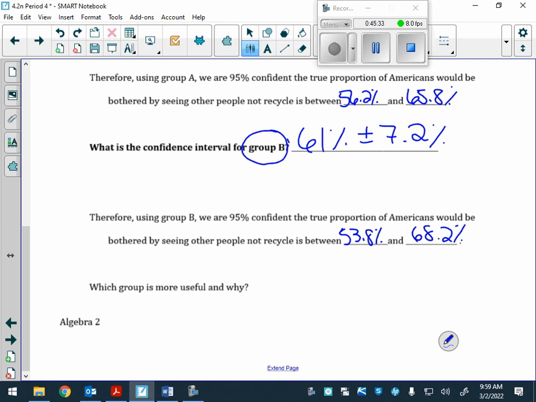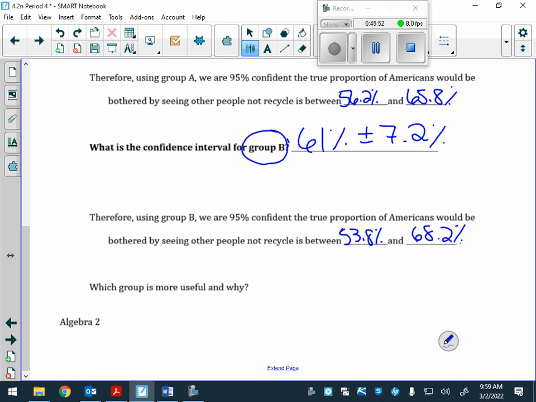So there's not a lot of risk happening to the way we sampled, right? The more we sample, the smaller the margin of error, and that's what we want. Does that make sense? How many of you had Group A?